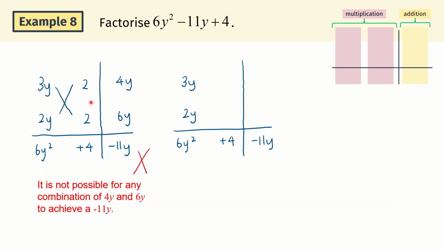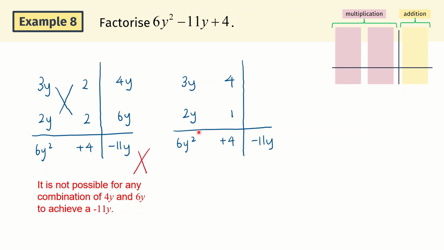Instead of 2 times 2 earlier on, maybe we can consider 4 times 1. So I place my 4 on top and my 1 at the bottom. I leave it to you to think about it. What if I were to switch it the other way around? If I place 1 on top and 4 at the bottom, will I still be able to get the same answer?